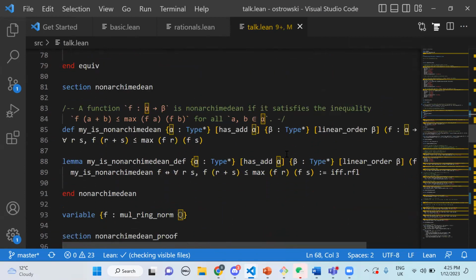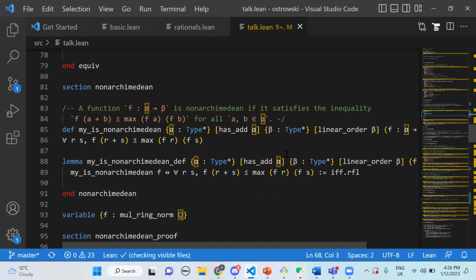So next is how do we define the non-Archimedean property here. We say the non-Archimedean property is: for any r and s, f(r + s) is less than or equal to the maximum of them. You might think it is a little bit different from what we talked about in our slides.